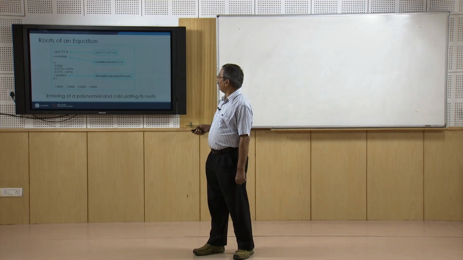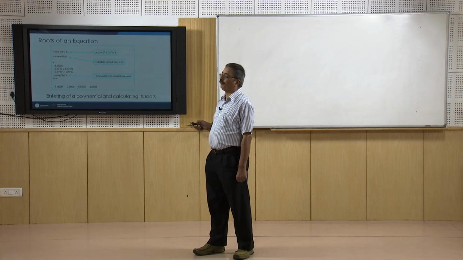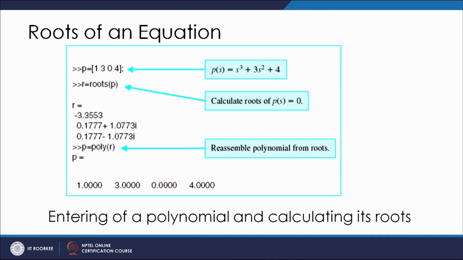We can use Matlab also for many operations. This slide shows how we can use Matlab to find the roots of an equation. Suppose I have a polynomial s cube plus 3s square plus 4 and I need to find its roots.